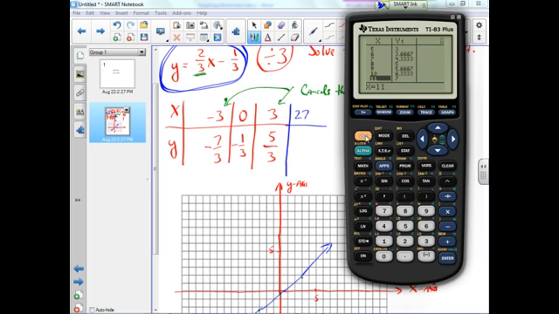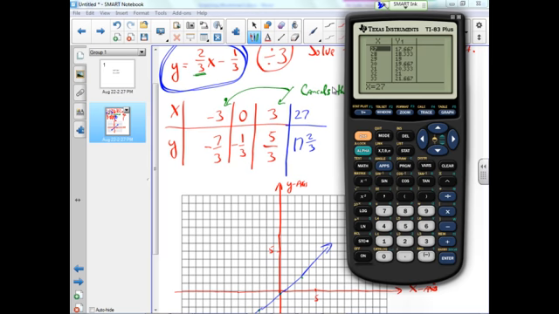But we can go back to table set, and now instead of the table starting at 5 in this case, we can just say 27. And do second table again. And now instead of me having to scroll all the way, it goes right up to 27. So let's see, when x equals 27, y equals, looks like 17 2/3. That was pretty easy, wasn't it?